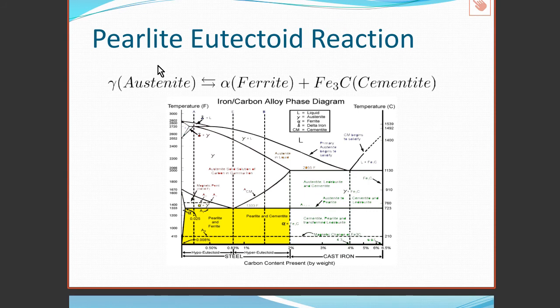So just to recap, what is often called the pearlite eutectoid reaction happening here. Okay, what goes on there? Austenite turns into alpha ferrite and cementite. So it splits up into two phases, like oil and water.